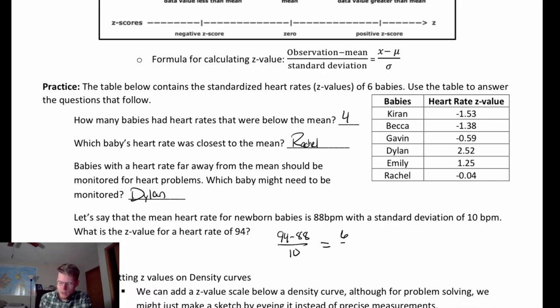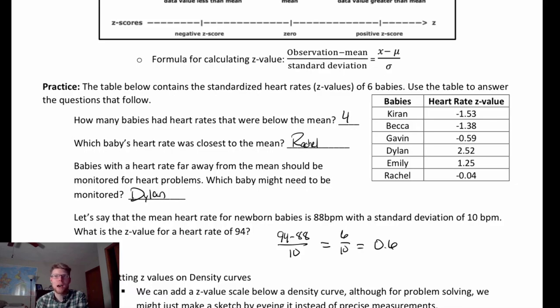So I'm going to get 6 over 10, which is going to be positive 0.6. So 94 is 0.6 standard deviations above the mean, right? I can see that here where 94 is 6 units above and its standard deviation is 10. That's going to be 0.6 standard deviations above.